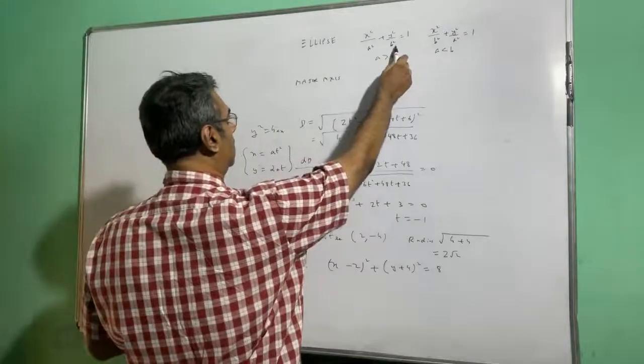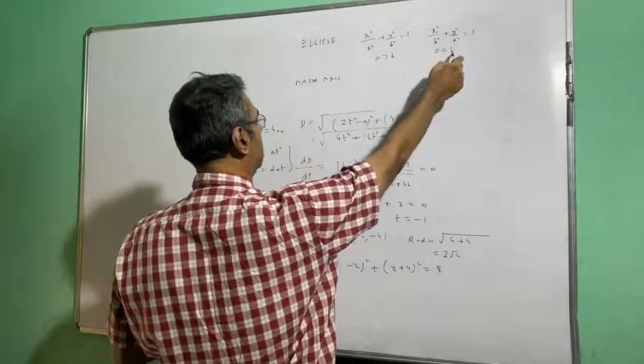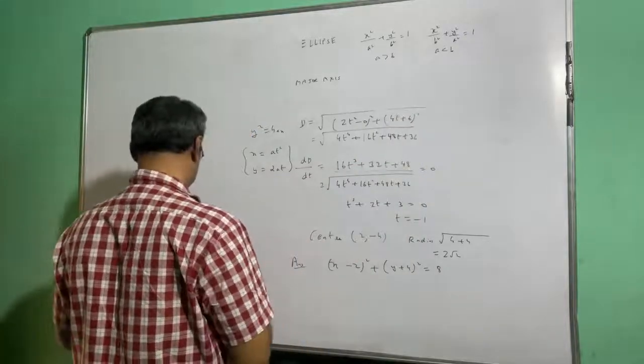So this is one ellipse, a is greater than b, this is the ellipse, a is less than b.